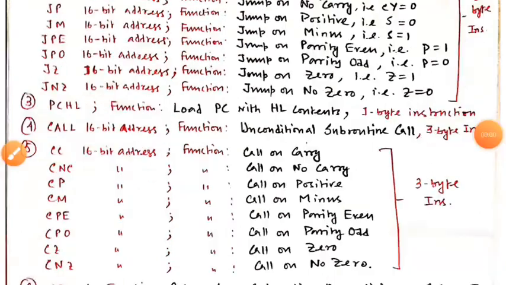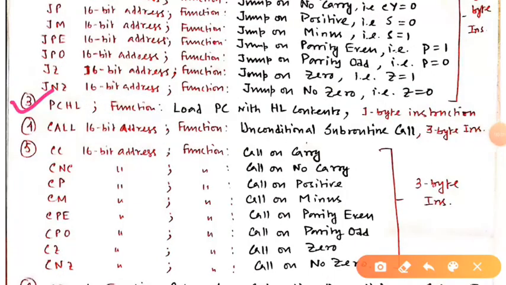Okay. The next instruction is PCHL. PCHL is also an unconditional jump instruction. When the microprocessor 8085 executes this PCHL instruction, it will load the program counter with the content of the HL register pair.